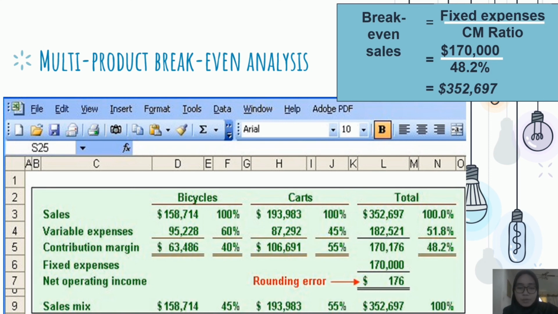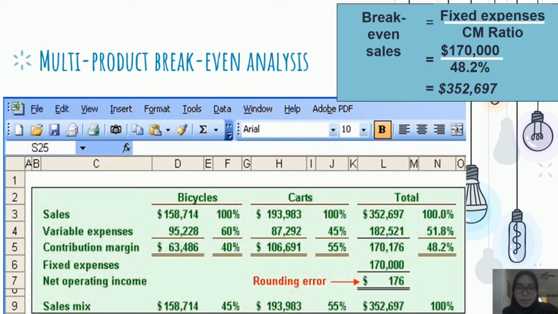Okay, if you want to know how to get the amount, the sales mix of cart amount $193,983, you just need to take the break-even sales amount $352,697 multiplied by 55%, then you will get that amount.